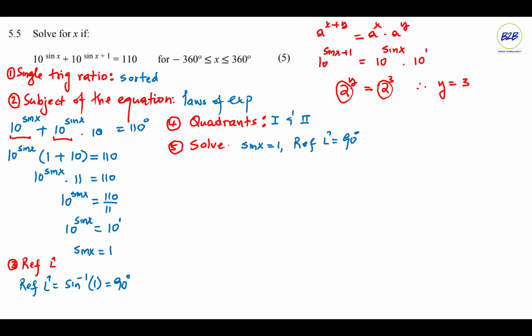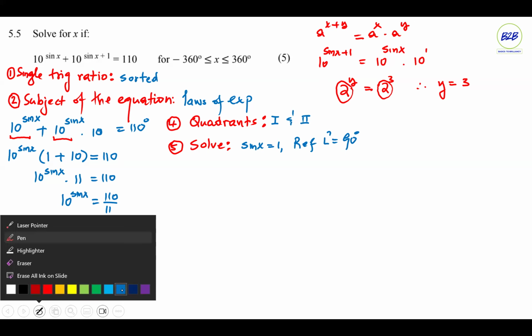So that is what we are solving for, the value of x in that equation. Sine of x is equal to 1, and then our reference angle is equal to 90 degrees. All right.